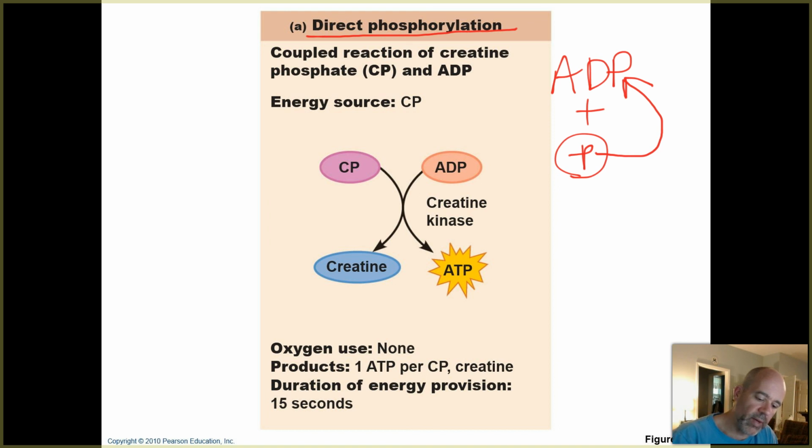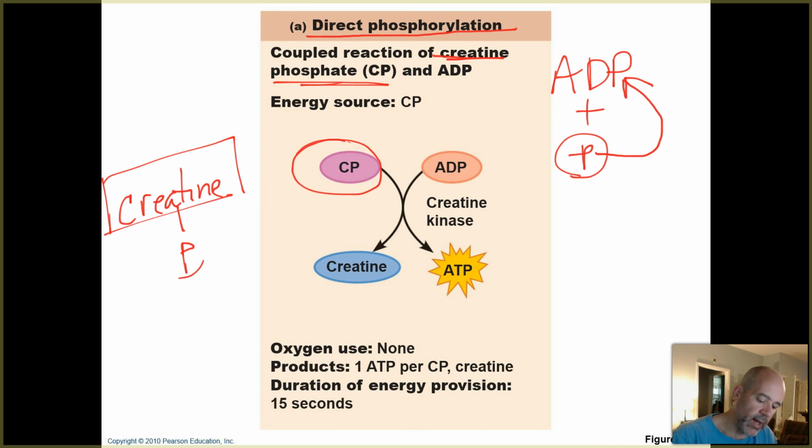Skeletal muscle fibers have inside them a molecule called creatine phosphate, abbreviated here as CP. There's a molecule called creatine. It's an organic molecule, and it has a phosphate attached to it, a phosphorus surrounded by 4 oxygens.